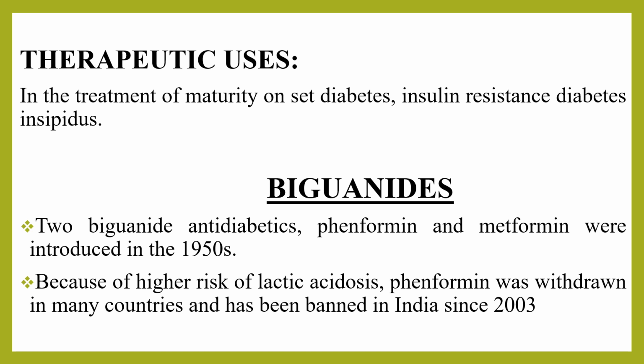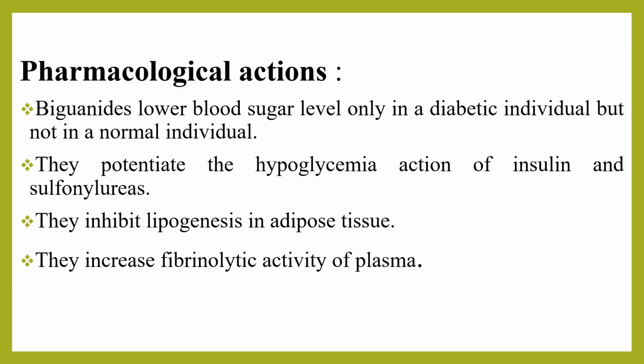Two biguanide anti-diabetic drugs are used, that is phenformin and metformin. These were introduced in the 1950s. Because of the higher risk of lactic acidosis, phenformin was withdrawn in many countries and has been banned in India since 2003.